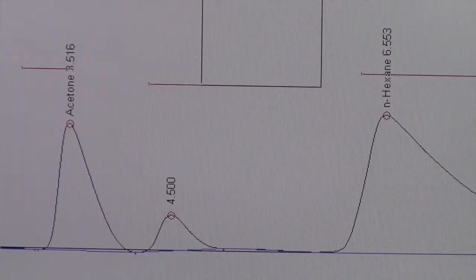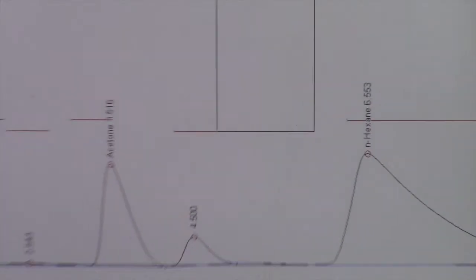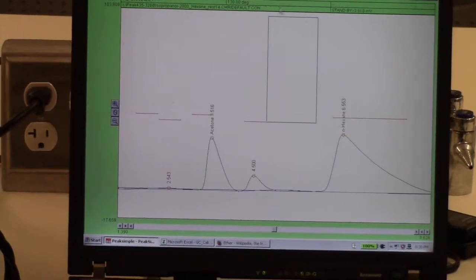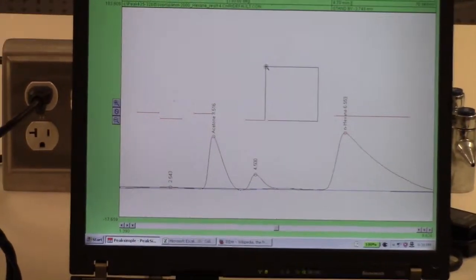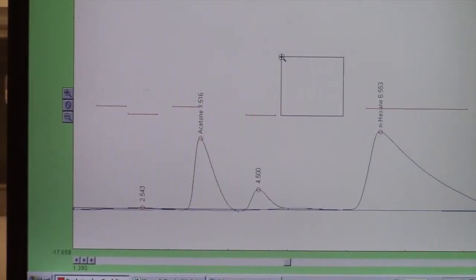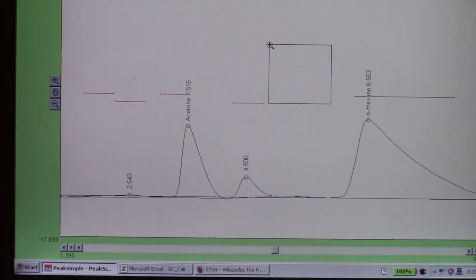But the mixture, we call it the sample testing mixture, had only two of the calibrated molecules.